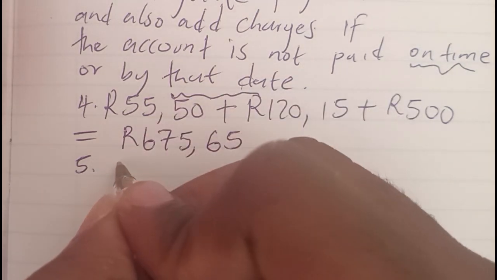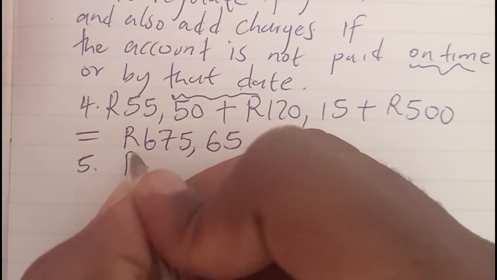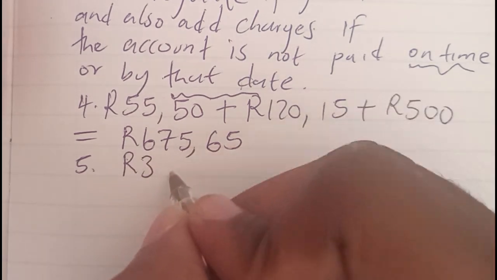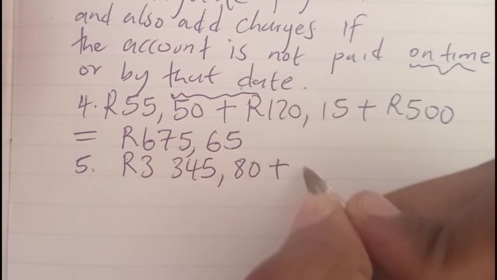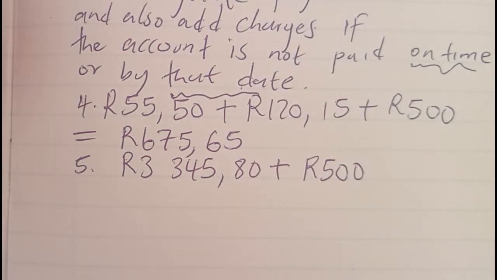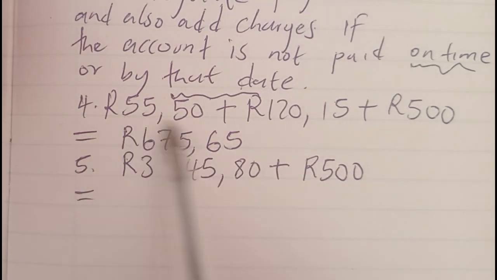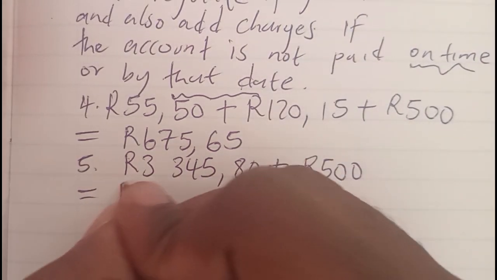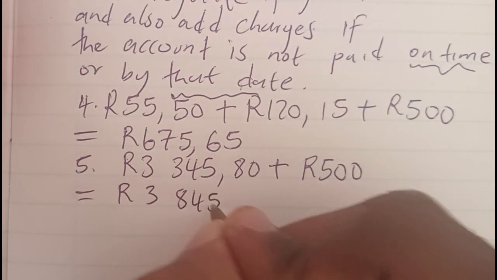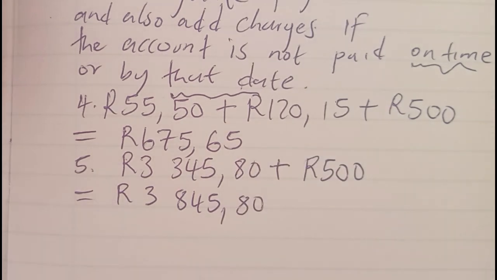I said we'll say 3,345 rand 80 cent plus 500. For your calculation, you can write this and write an equal sign, then your answer. So for number A, we will have to calculate these two, and our final answer will be 3,845 rand 80 cent.